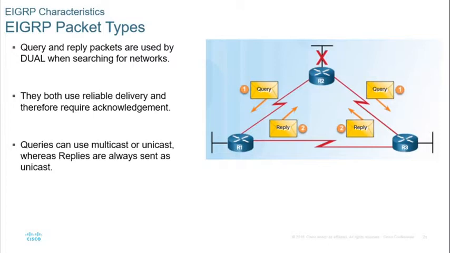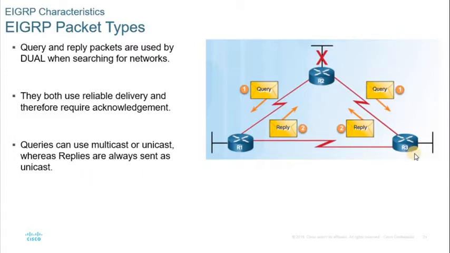But take note, both of these packet types use reliable delivery and therefore require acknowledgement. Queries, on the other hand, can use either multicast or unicast, whereas replies are always sent as unicast.